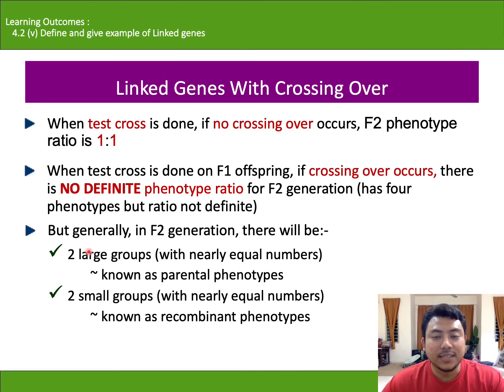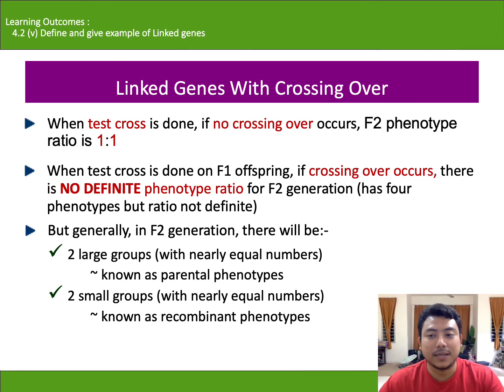But generally in the F2 generation there will be two large groups with nearly equal numbers known as the parental phenotypes, i.e. having the same phenotype as the parent, maknanya ada ciri-ciri yang sama macam parent dia. And the other two small groups with nearly equal numbers, nombor yang hampir sama, known as the recombinant phenotypes, iaitu ciri-ciri gabungan daripada parents mereka, tapi tak sama macam parents mereka.